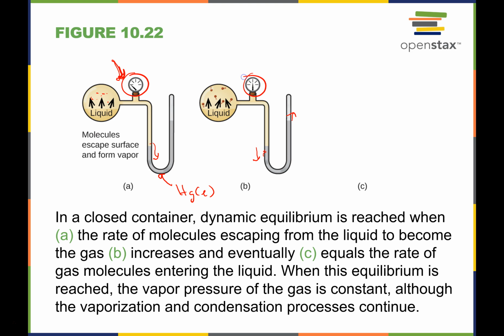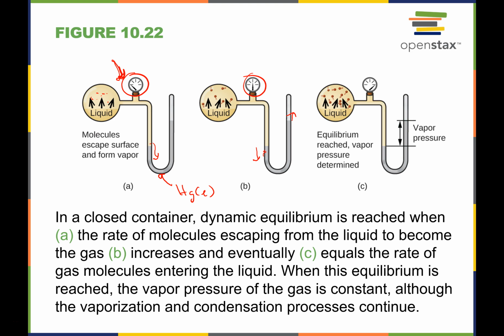But the pressure gauge went up. I have to tell Carl, I think they did that one too. Maybe they did all of these wrong. Maybe this was the final one, and this one should have been equal. I think they screwed these up. These two are wrong, and I think this one's right. I think this should have been up here, equal.